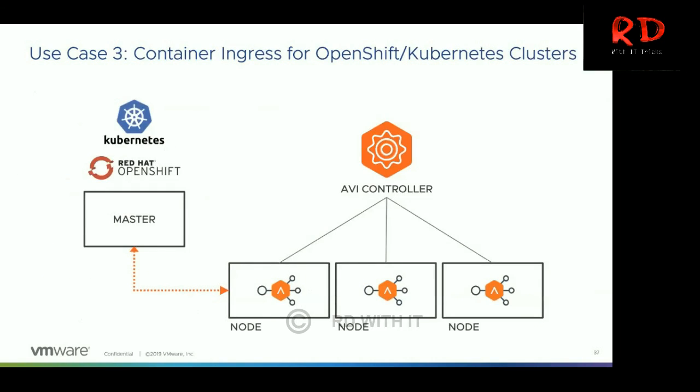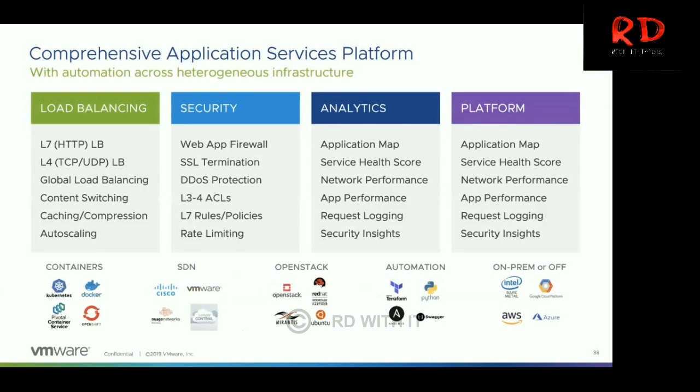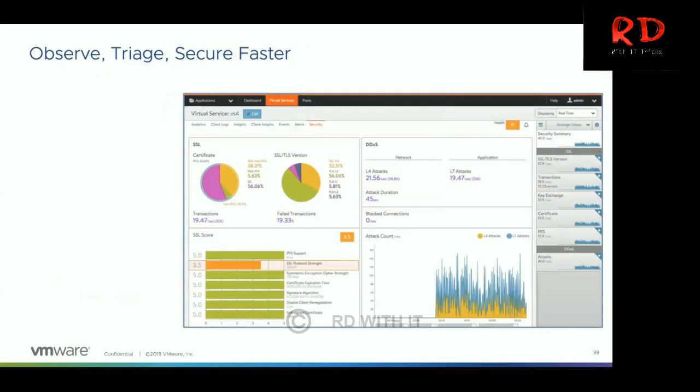So we can actually do ingress control for microservices environments. And I'll share these slides after, but this is just a one-pager for your reference, just to show that we are covering most of the use cases or all of the use cases that you'd require from your load balancing platform.